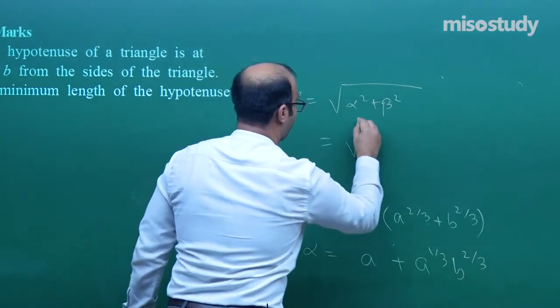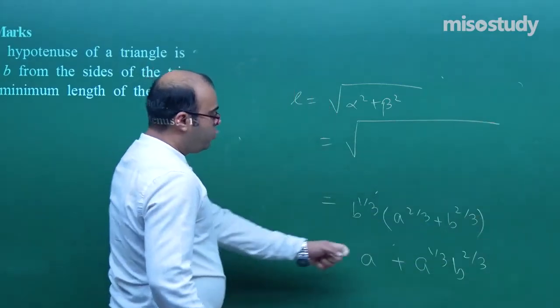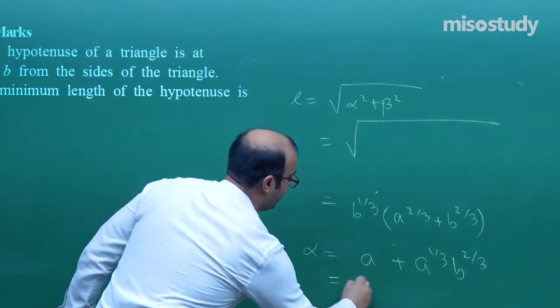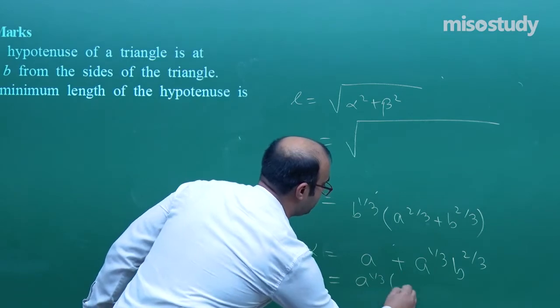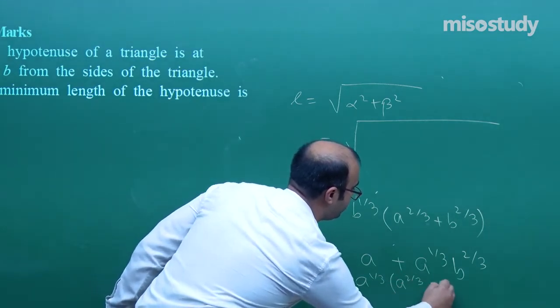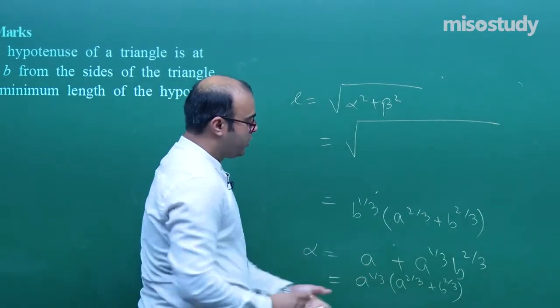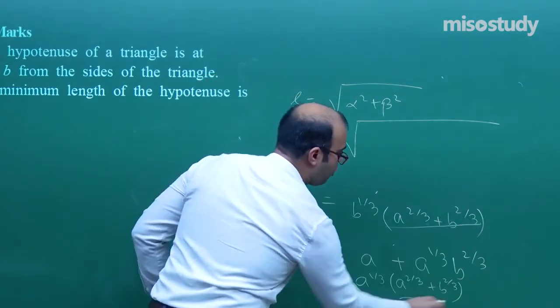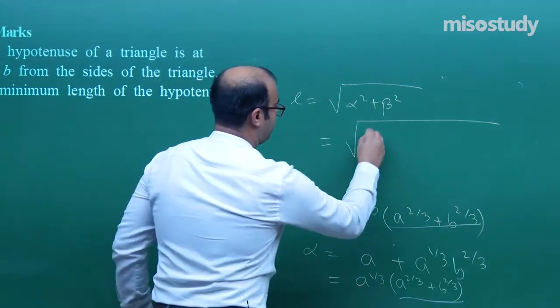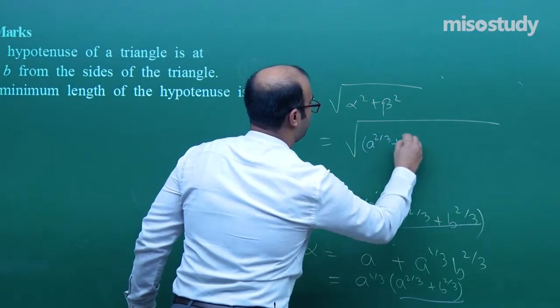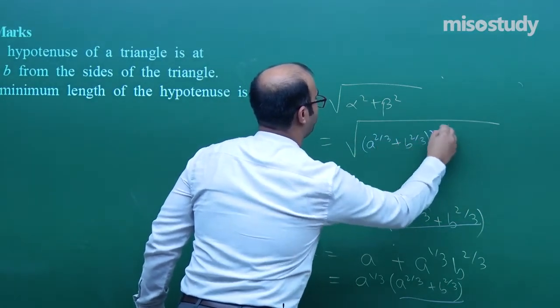So this will become root over, when we do alpha square, let us take a to the power 1 by 3 outside. This will become a to the power 2 by 3 plus b to the power 2 by 3. So square of this plus square of this. This term is common in both of them. So let us take it common, (a to the power 2 by 3 plus b to the power 2 by 3) whole square.